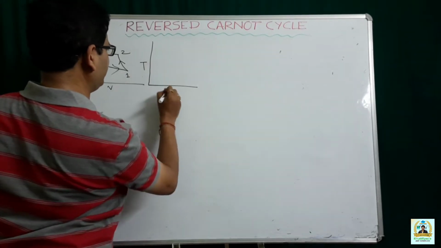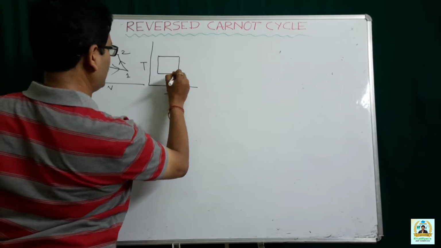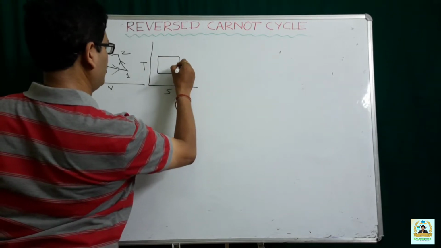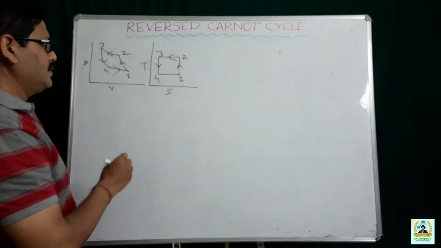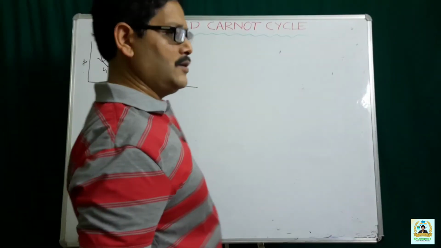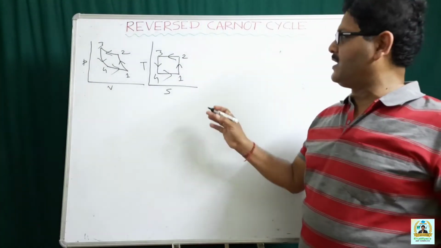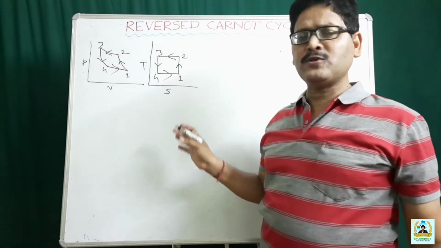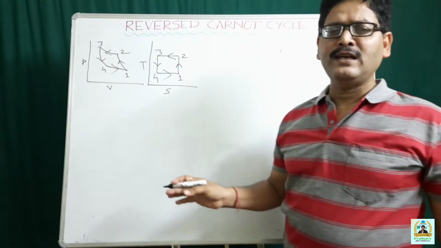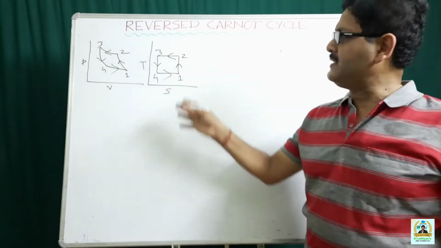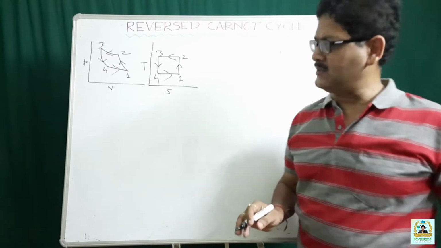This is the TS diagram. So from the PV and TS diagram itself, you can make out that two of the processes are reversible adiabatic or isentropic processes, and two of the processes are reversible isothermal processes.